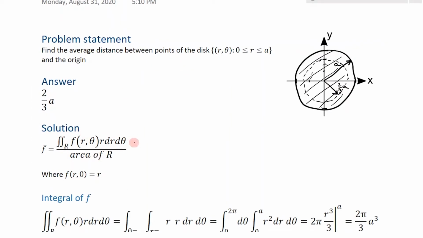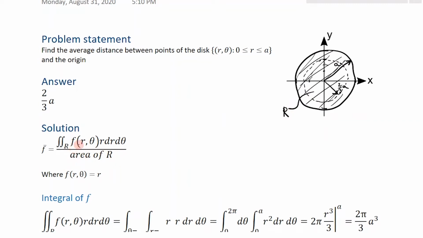This is the formula from class. In order to find the average value of some function, you need to integrate this function over the region R and divide by the area of the region.